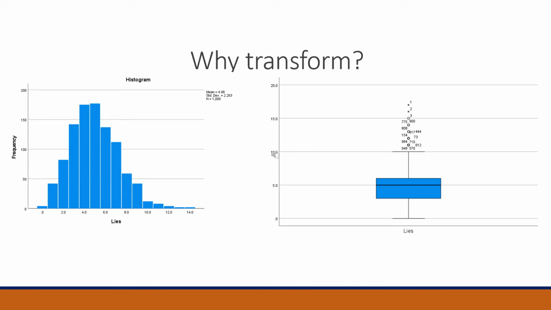Thus, transformations are one of the critical parts in data management, and there are 6 different types of transformations. There are 3 transformations to use if you have positively skewed data.